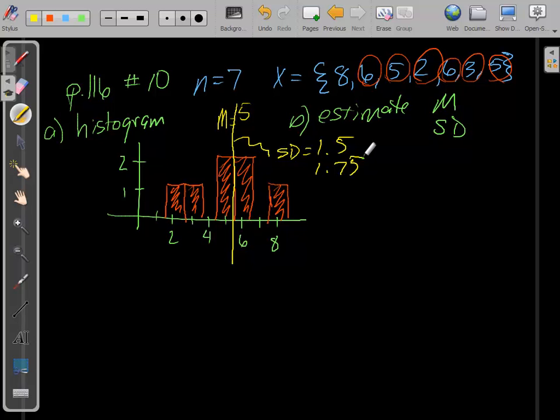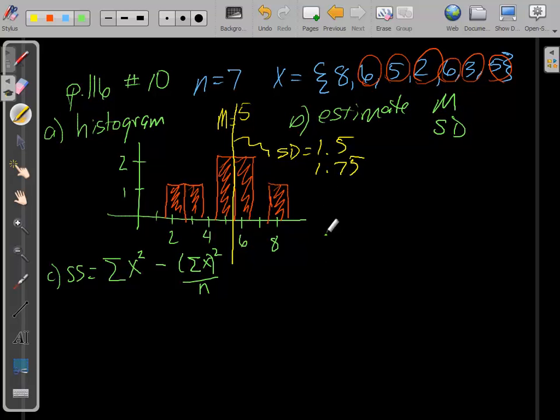Let's see, part C, it says compute the sum of squares, the variance, and the standard deviation, and then we want to know how well we did. So to compute the sum of squares, remember that we're going to take the values squared minus the sum of them squared divided by the sample size.